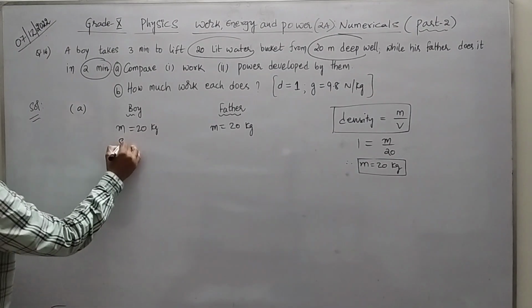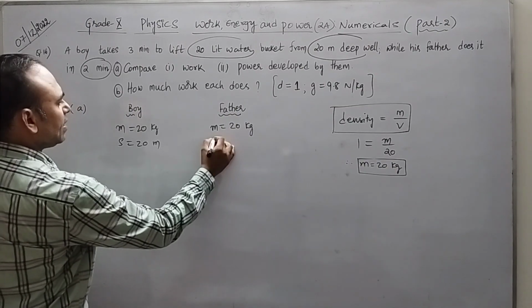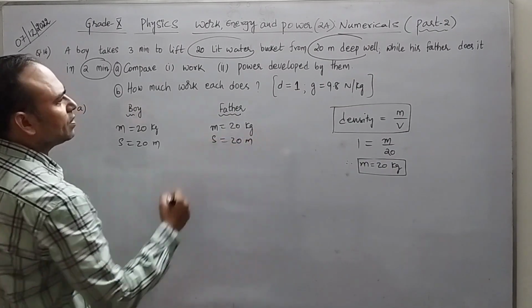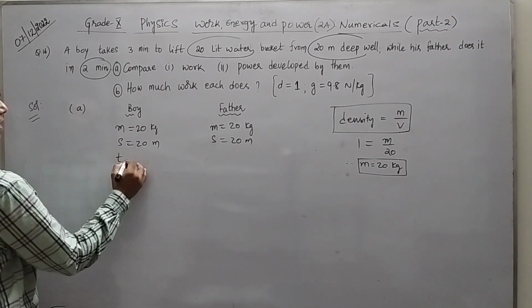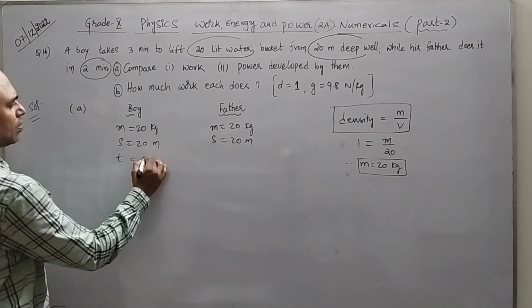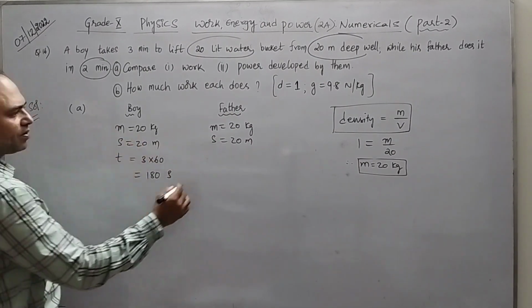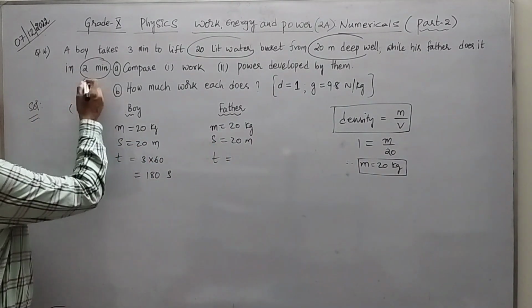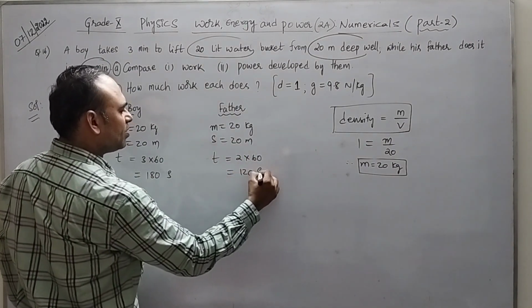And what is the displacement? The displacement is also 20 here. So we can write S is 20 meters. Now the important thing, time. The time taken by the boy is 3 minutes, nothing but 180 seconds. And the father does it in 2 minutes, so 2 into 60, nothing but 120 seconds.